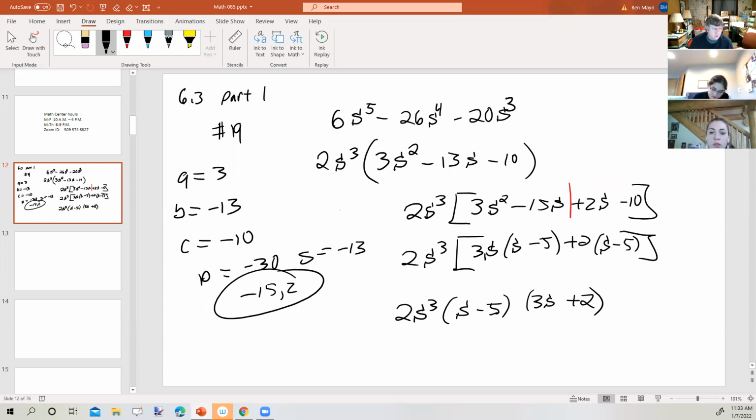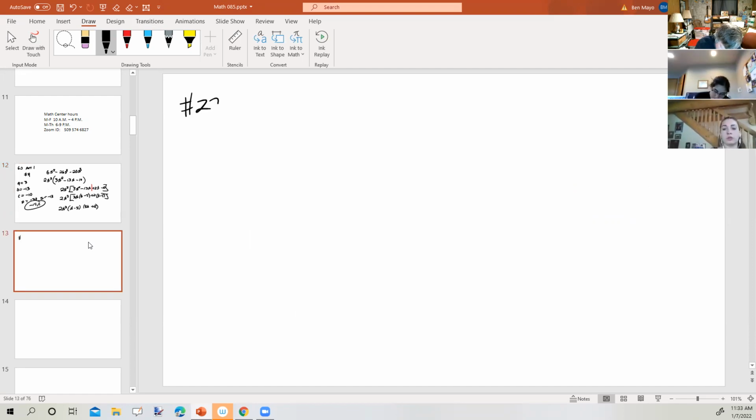All right, and we'll go on to problem number 22 in that section. Factor the following by choosing the correct method. x cubed minus x squared plus 9x minus 9. Typically, when we have 4 terms, it isn't always, but quite often it's factoring by grouping, which is what we're going to do here.